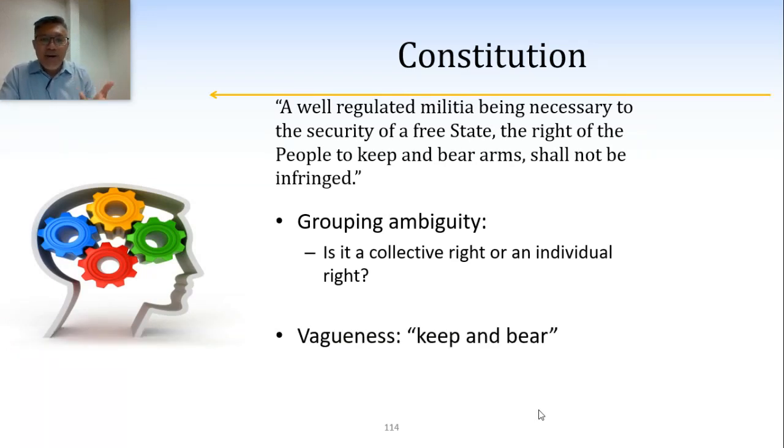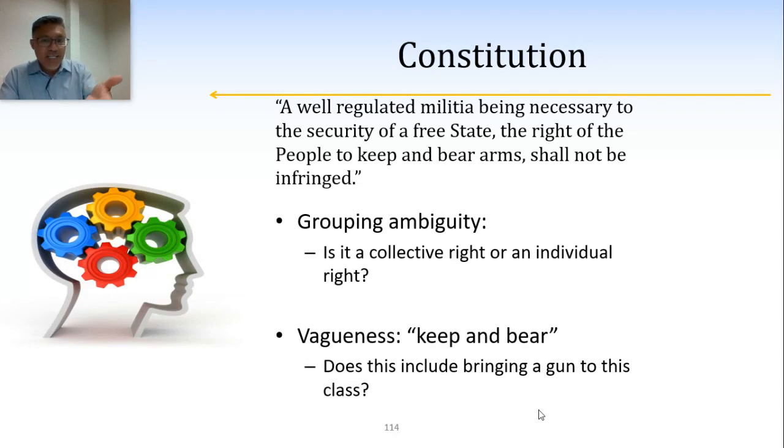Keep and bear refers to what exactly? Does it refer to bringing a gun to class because the Constitution says you can keep and bear your arms? I mean, where does it exclude any particular place? Can you keep and bear your arms when you go to the mall or to the 7-Eleven? If you're a teacher at a preschool, at the library, do you have that right? And some people interpret the Constitution as kind of saying that.